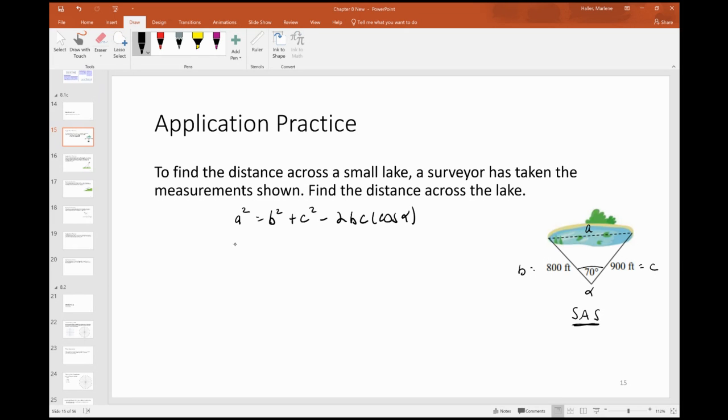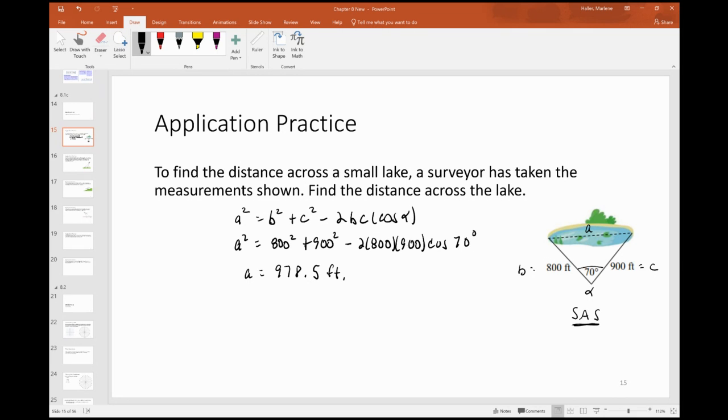So A squared equals 800 squared plus 900 squared minus 2 times 800 times 900 times the cosine of 70 degrees. Put that all in the calculator and then take the square root, and we see that side A is equal to 978.5 feet.